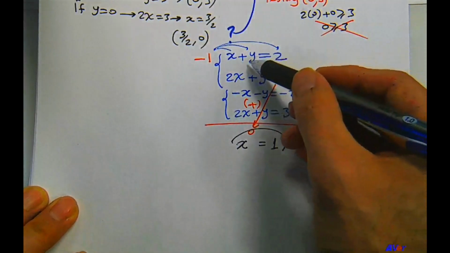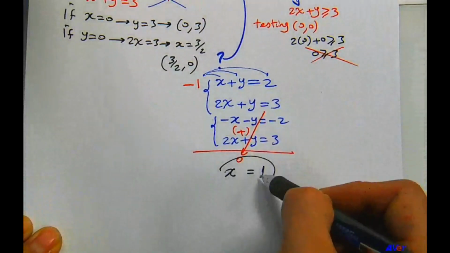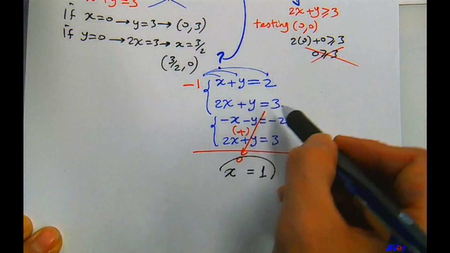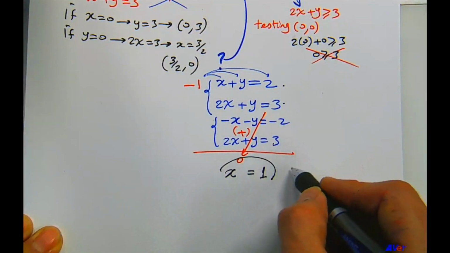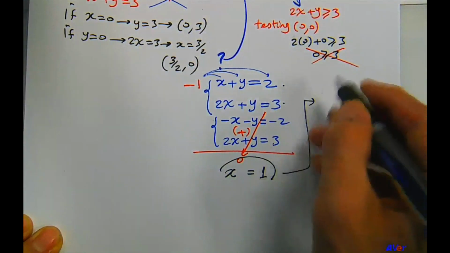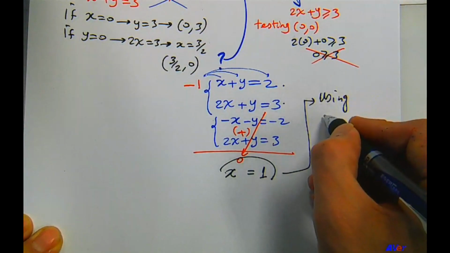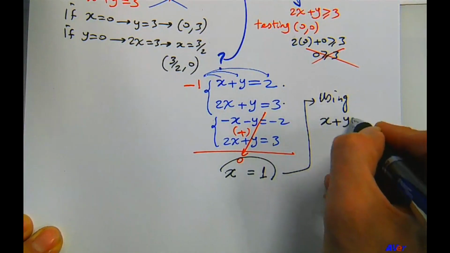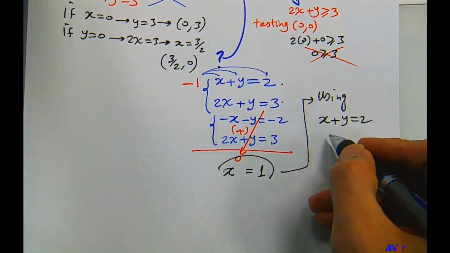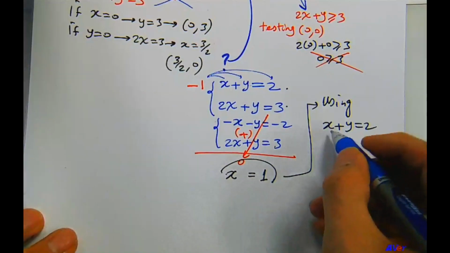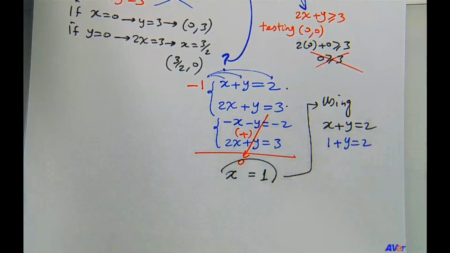How do we find what y equals? So simply plug in for x with 1 in either this equation or that equation. Normally we'd like to pick the easiest one, right? So using the easiest equation, which is x plus y equals 2, let's plug in 1 for x. 1 plus y equals 2.